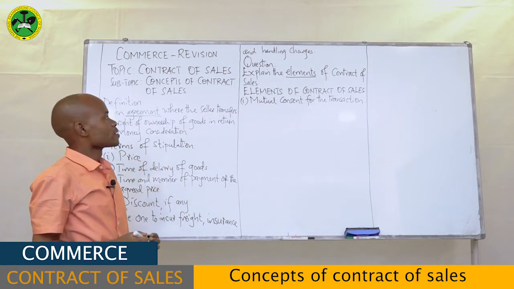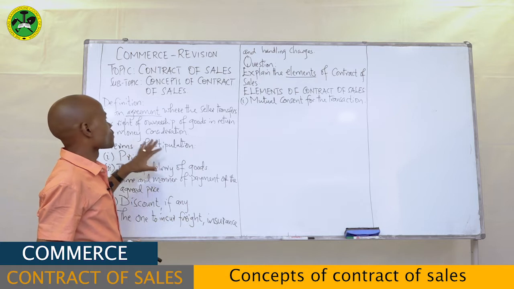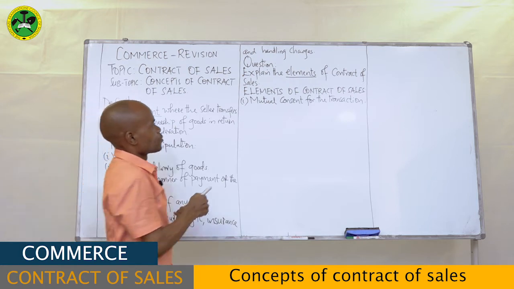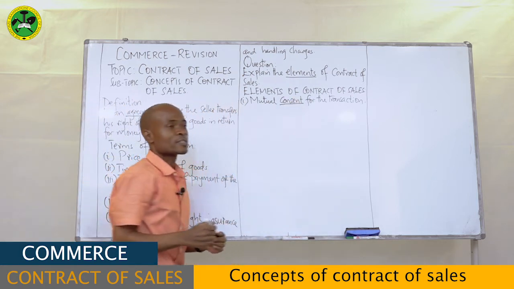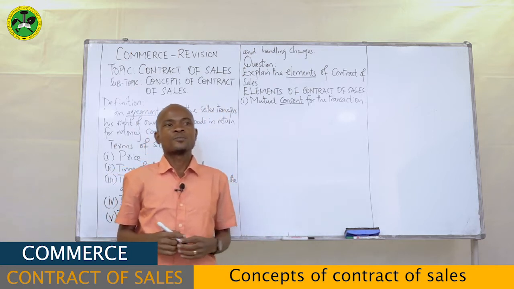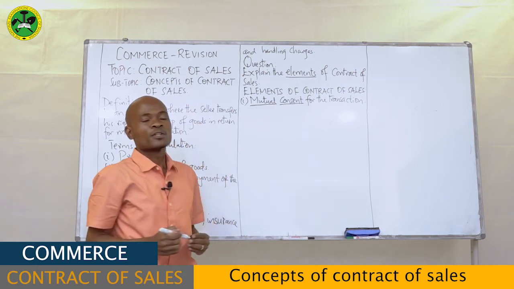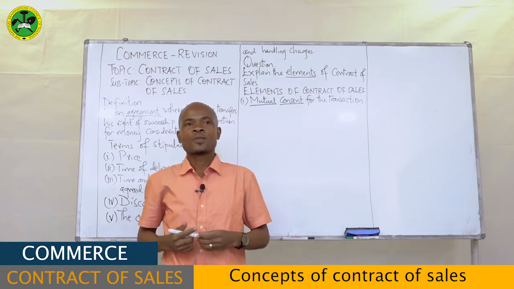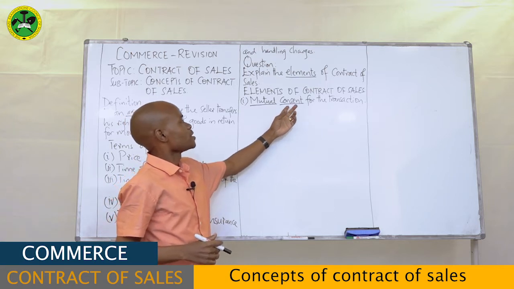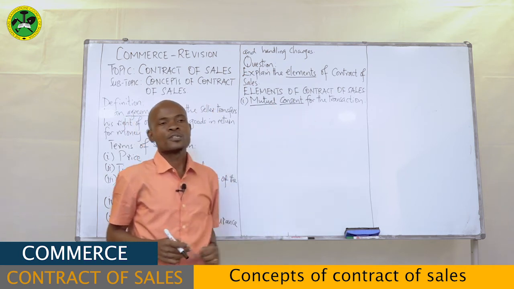As we have seen from the explanation of the concept of contract of sales, consent means agreement, and when we say mutual, it involves two sides. So it means there must be an agreement between the buyer and the seller for the transaction.